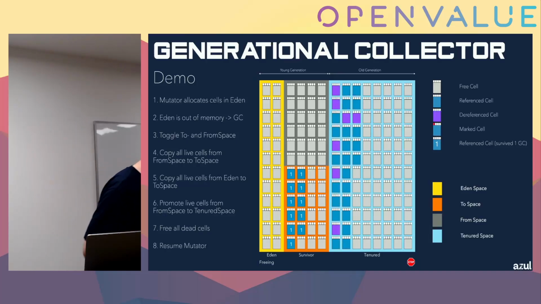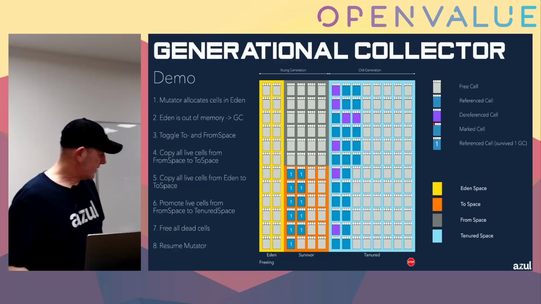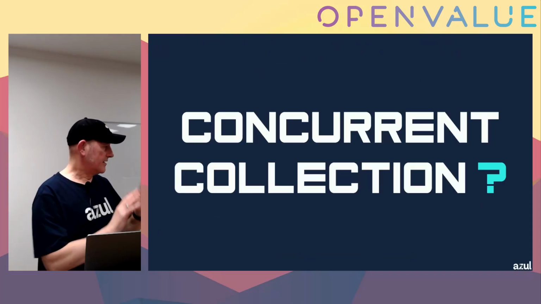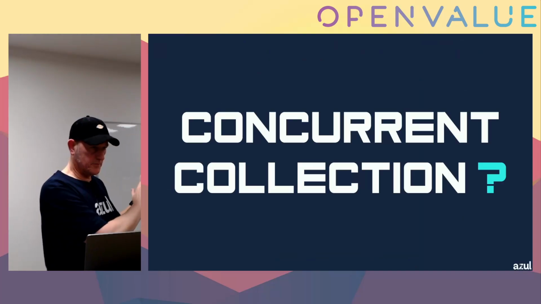The problem is the old generation usually is quite big. And if we have to do a garbage collection in this one, it takes long, because we have to check for freeing all the memory cells, right? This is mark and compact in this collector. Okay, so now you know generational collection. Like I said, very basic principles.